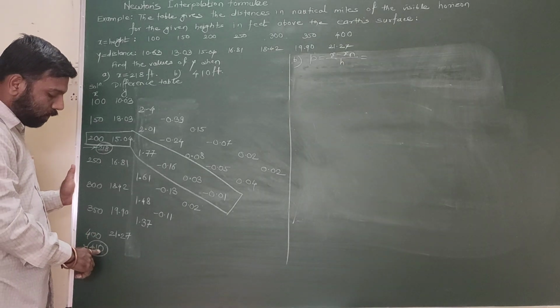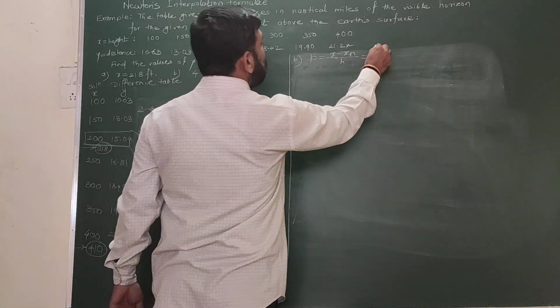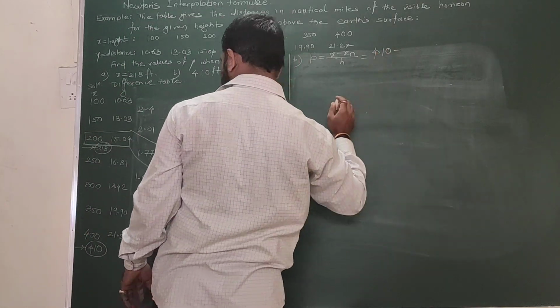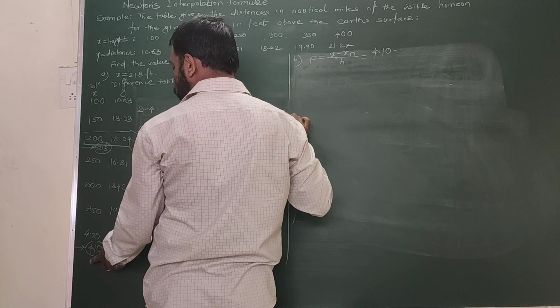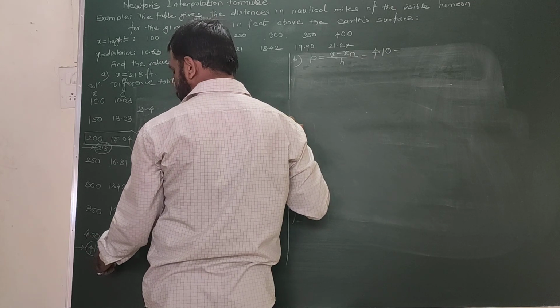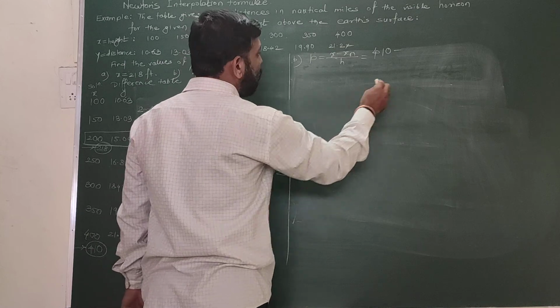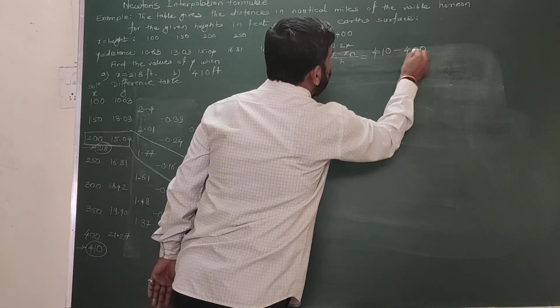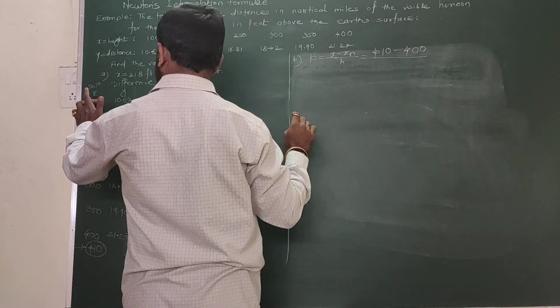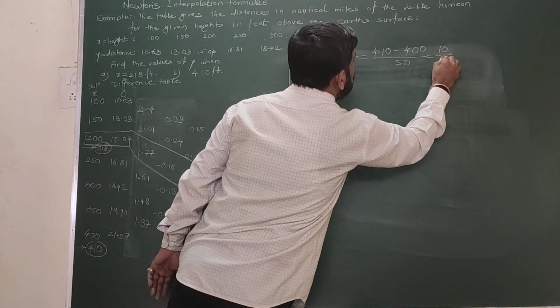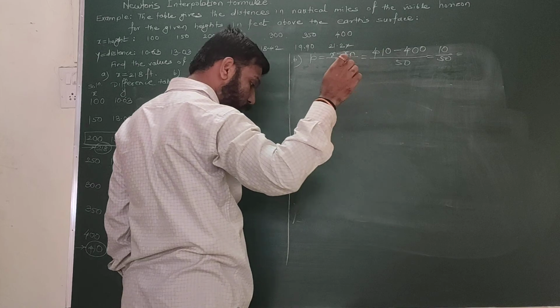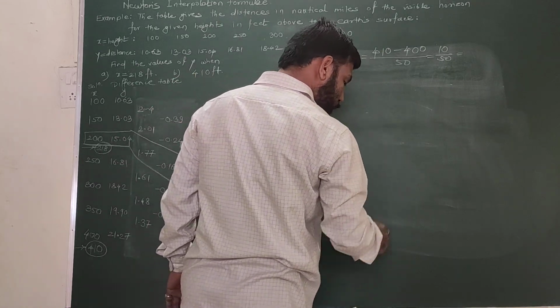Now in this case, value of x is 410 minus xn. xn is the next number, but in this table the next number is not defined or the data is not given. So in that case, consider xn as 400 upon h difference. So the output is 0.2.